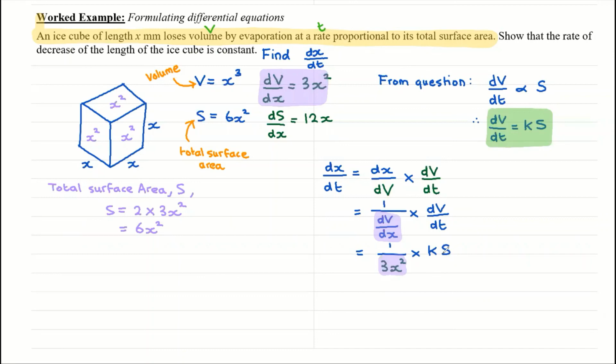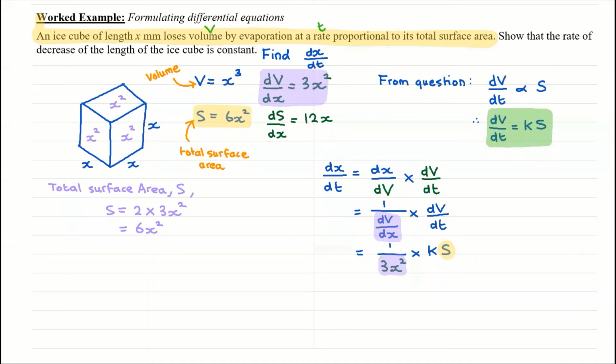Now, what can we do now? We have to show that it's constant. Now, s we can actually write in terms of x, which is really good. Because earlier, when we were just going hell for leather, writing down everything we knew about cubes, we discovered that s was 6x squared. So I can now swap the s for the 6x squared.